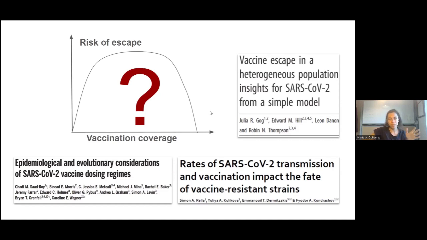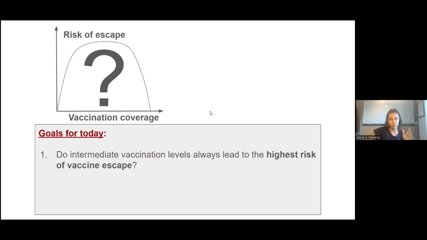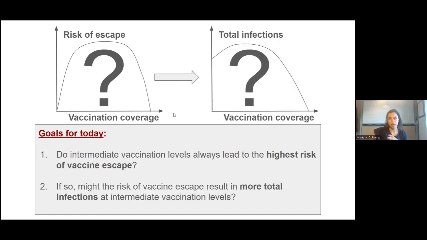So my first goal for today's talk is whether it is actually true that intermediate vaccination levels always lead to the highest risk of vaccine escape, or is it possible that we get other patterns? My second goal comes back to the graph that I showed earlier.